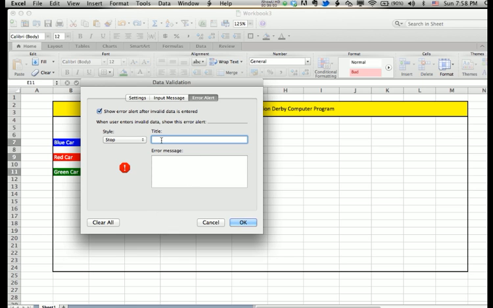So you could do a title if you want, or you can just do the error message. I just usually do the error message. Please enter a whole number of degrees between 0 and 360, something like that, and I'll click OK.